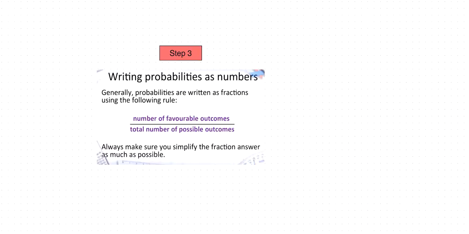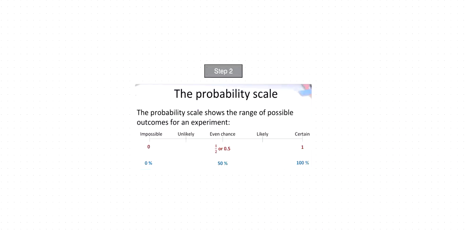Let me just go back a bit so that you understand all the bits in between. You have unlikely, you have even chance, and you have likely. Unlikely is going to be between 0% and 50%, which will be 25%, and as a fraction, that will be 1/4. Even chance is 50%, which as a fraction is a half, and as a decimal is 0.5.